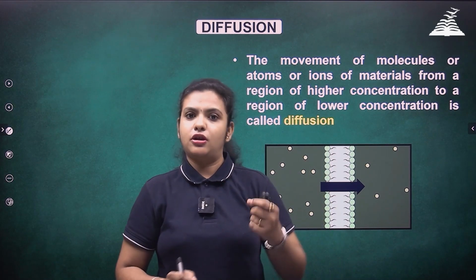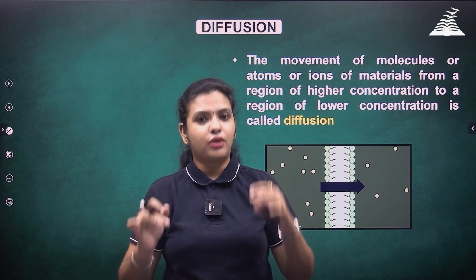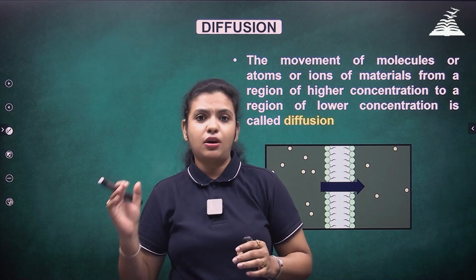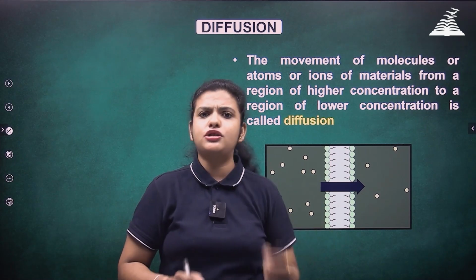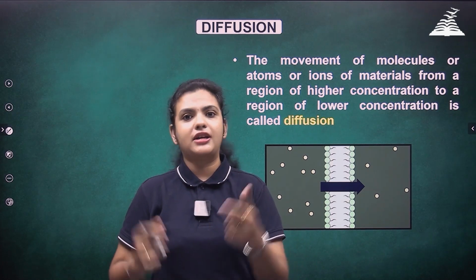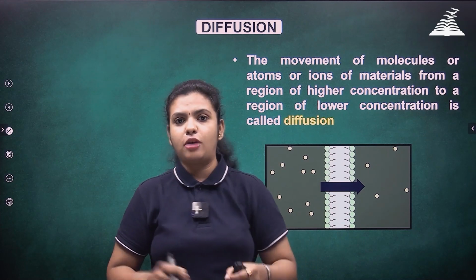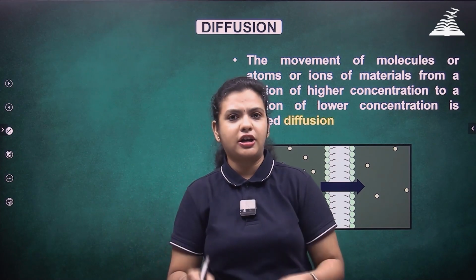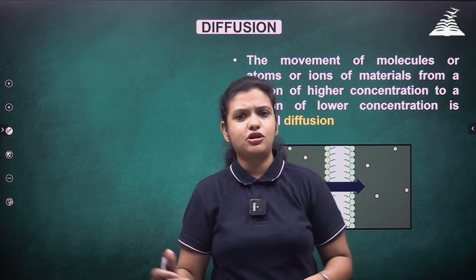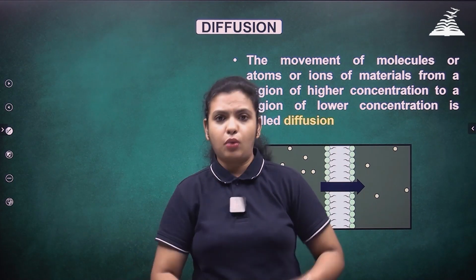Take a solution, okay? A solution is going to have a solute and a solvent. Solvent is usually water. Why? Because most of the components dissolve in water. That is why we call water a universal solvent. But solute will be the component which you are adding to the water. It can be sugar, it can be salt, it can be any molecule that you are adding to the water.